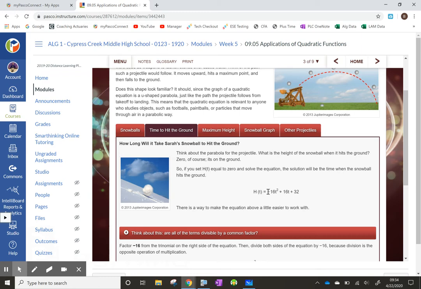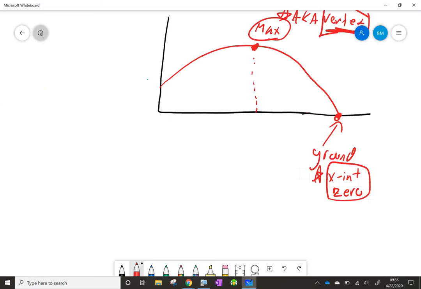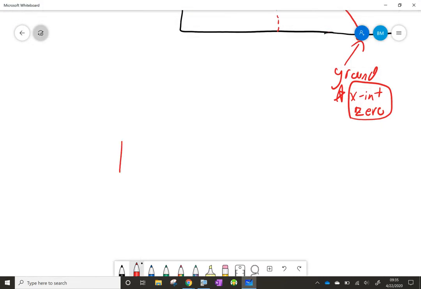So we have height equals negative 16t squared plus 16t plus 32. So h of t, the height of our snowball at time t, is equal to negative 16t squared plus 16t plus 32.